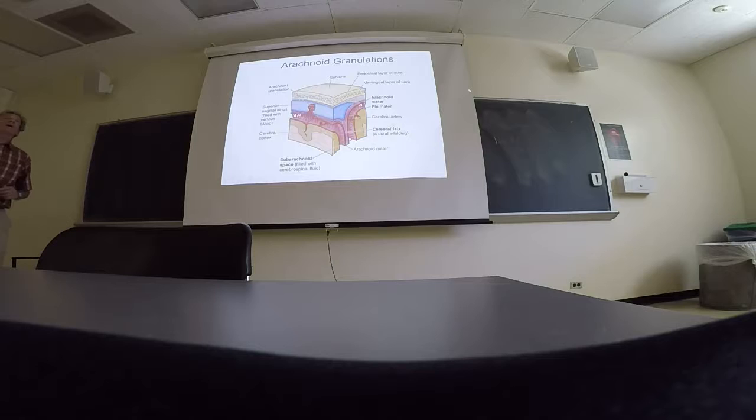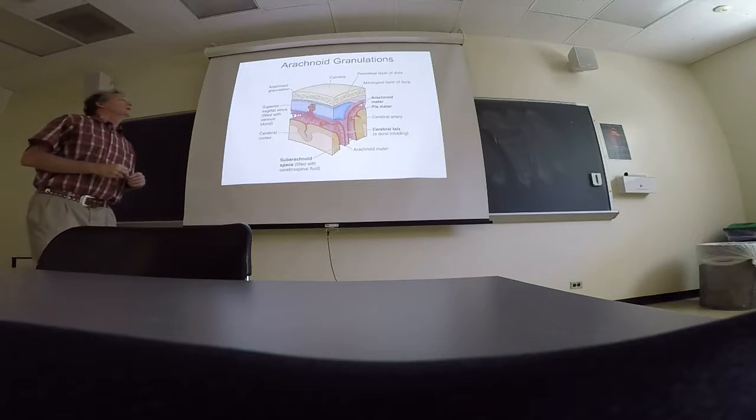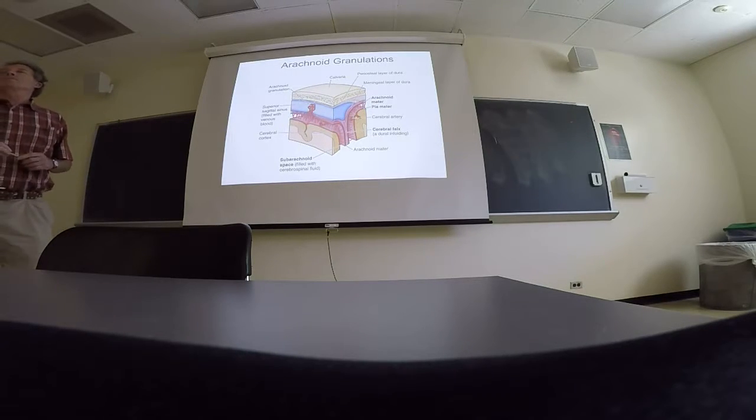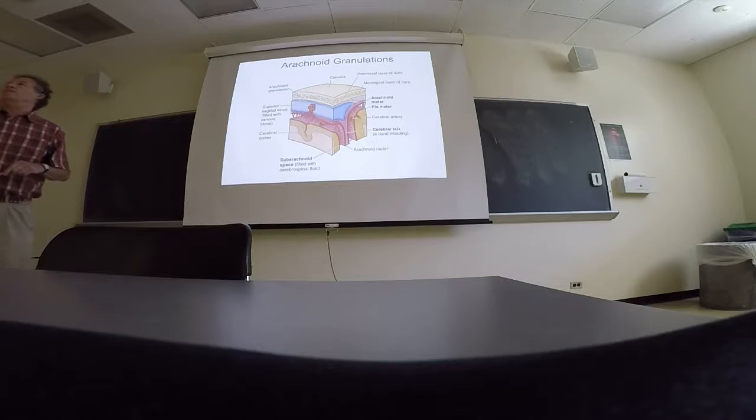But I also told you that we're making a new volume of cerebrospinal fluid every 7.5 hours. Well, that cerebrospinal fluid obviously has to go somewhere, or we would have exploded a long time ago.